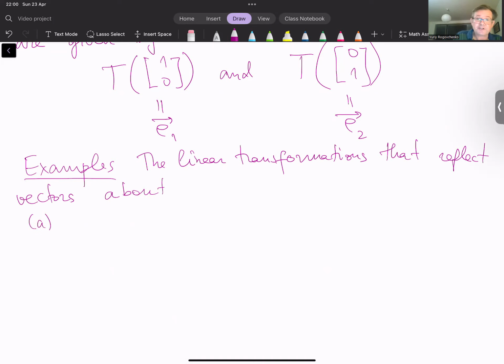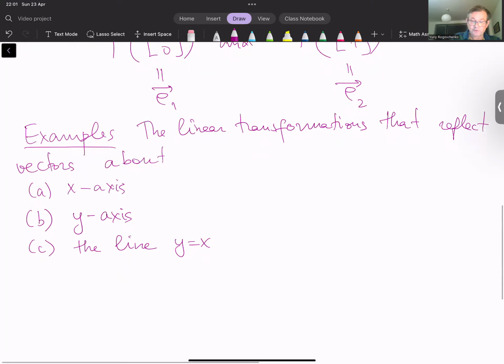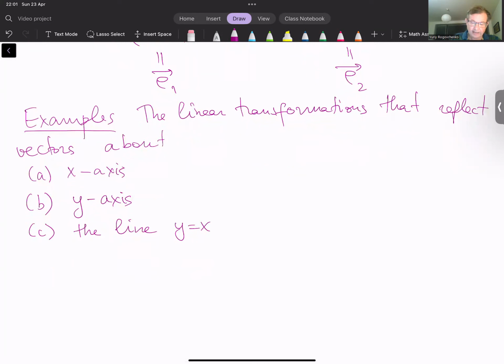First, we'll reflect vectors about the x-axis. Second, we reflect them about the y-axis. And in the last case, it will be the line y equals x. So for each of those transformations, we have the matrices defined respectively.